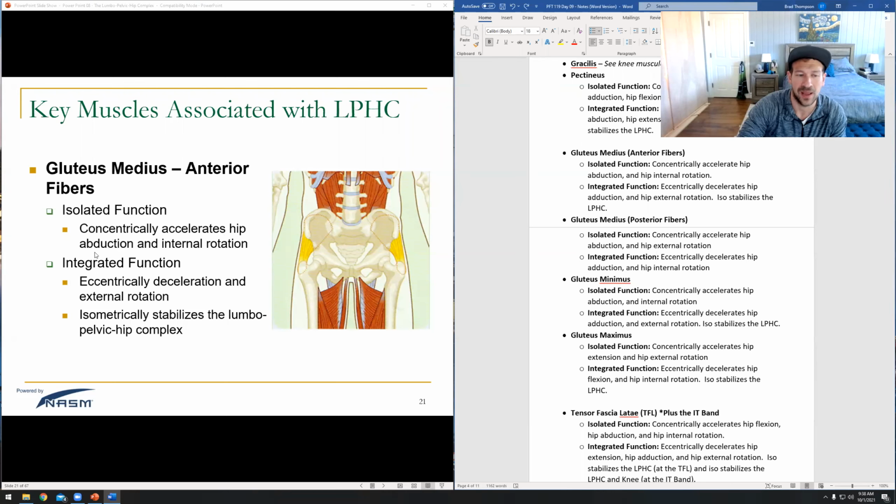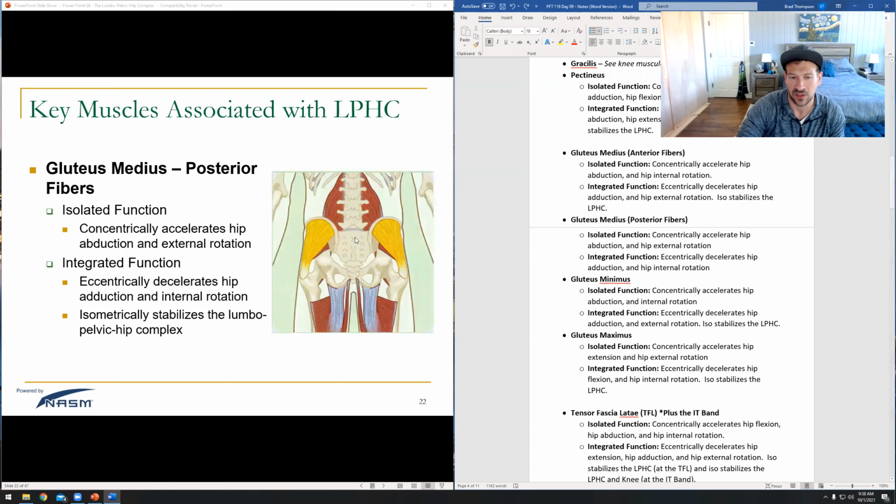It's going to perform hip abduction and hip internal rotation, which is always kind of surprising because you always associate the glutes with hip external rotation. Well, that's because you're thinking of the gluteus maximus's posterior fibers, which are really the ones that we spend most of our time talking about.